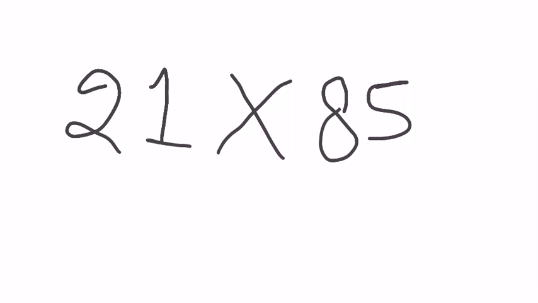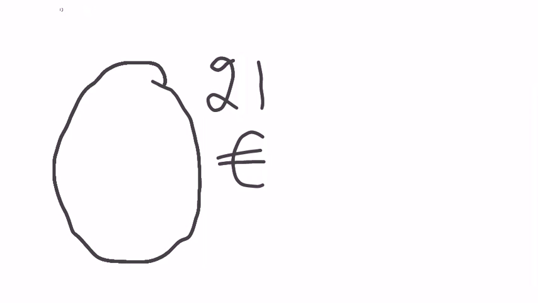And if I'm standing in the shop, it's very difficult for me to do the multiplication. What could be an alternative? Let's assume this is the pie. The pie didn't look that good. Anyway, this is the pie of 21 euros, and I have to translate.